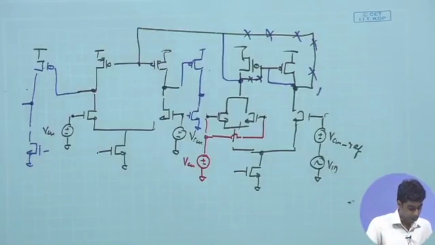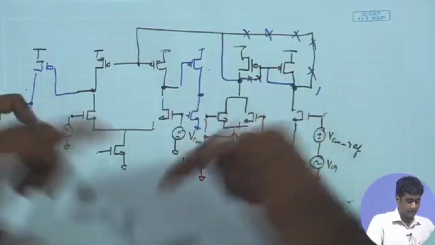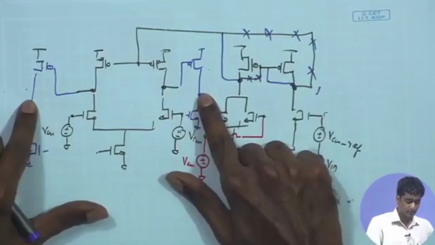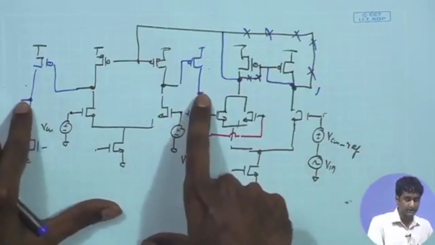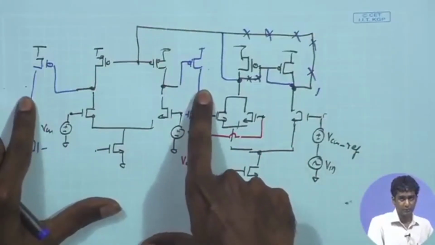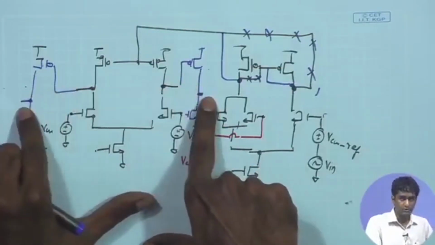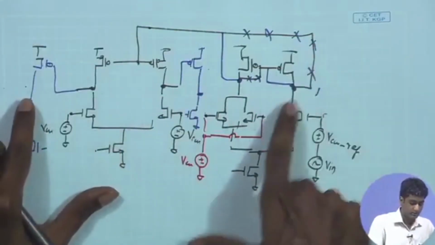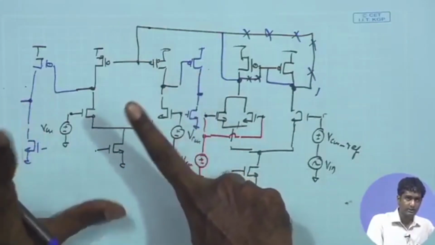And in this case, if you are using two stages, there also ultimately when you open the loop using the second scheme that we discussed, you would like to maintain the output common mode at the same point, and in that case it may become a little bit more challenging because the gain from here to here is large, and you are applying a signal over here, and you want to make sure that the output DC point over here is close to the common mode point that you expect.